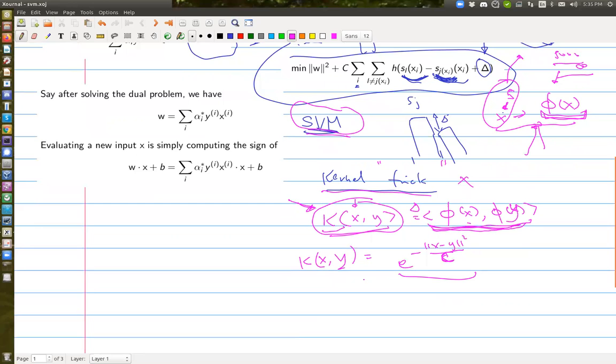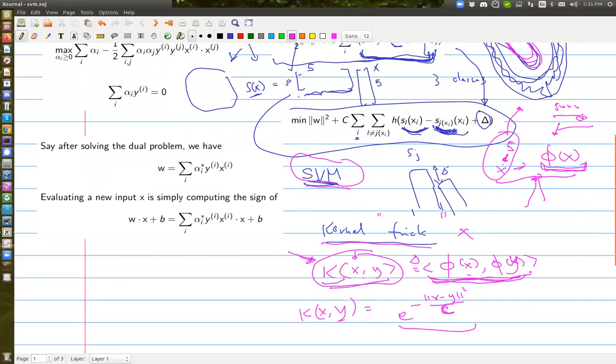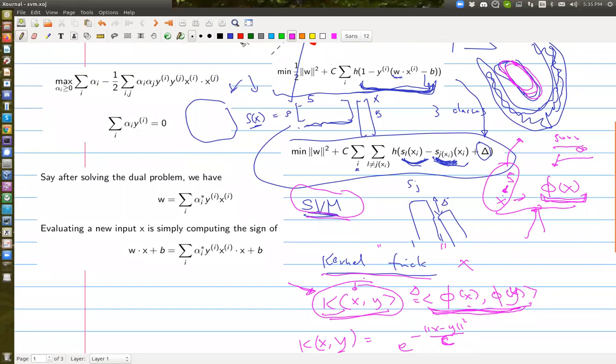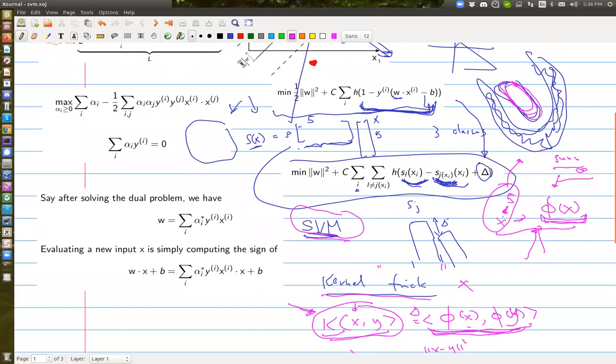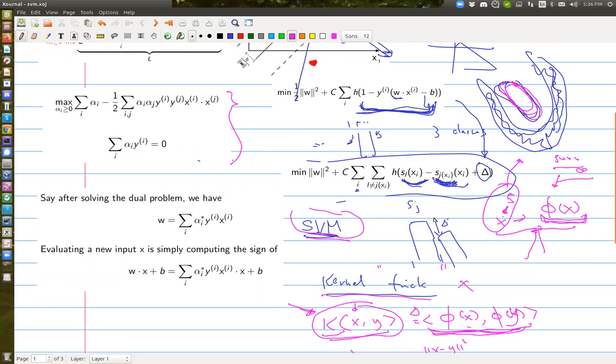Going back to the SVM problem, we can apply the kernel trick right away. What we have been solving so far is basically solving for some alpha from an optimization problem like this, and then when we apply that, we need to evaluate this.